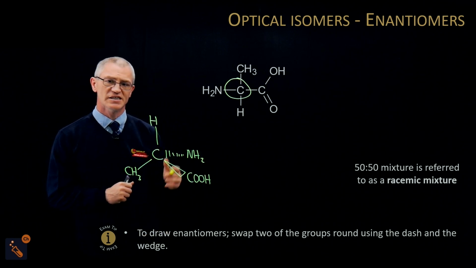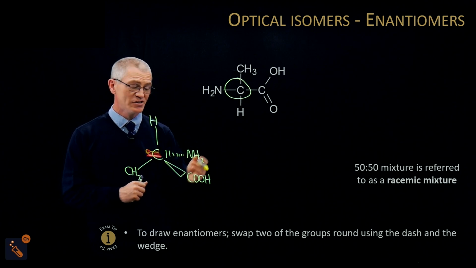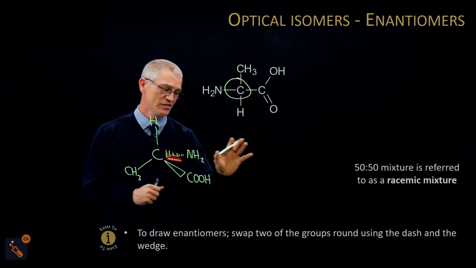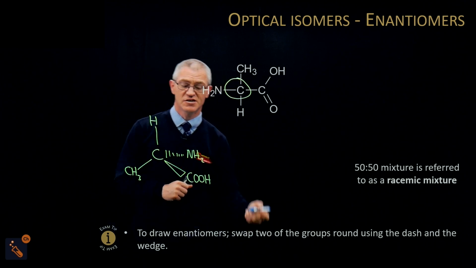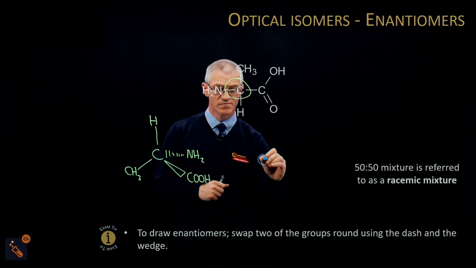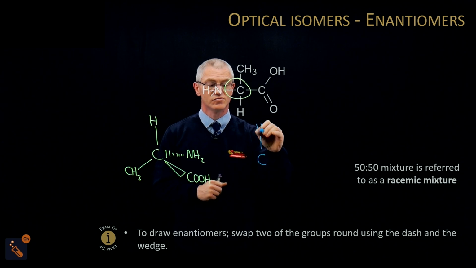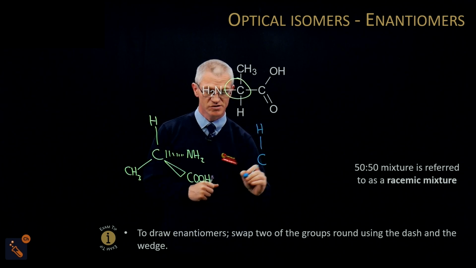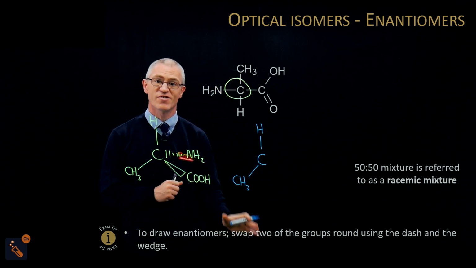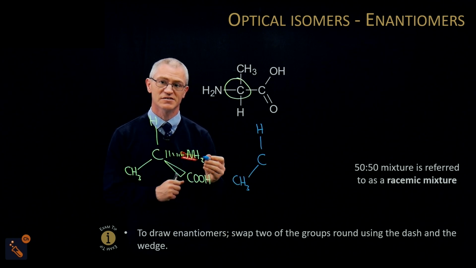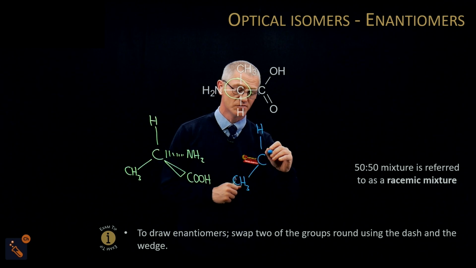Now, the easiest way to draw the mirror image, you can just draw a mirror here and then draw out the mirror image, is to take this one and then draw exactly the same thing again. So I'm going to draw my H and I'm going to draw my CH3. They're exactly the same. And then as I've said down here, swap 2 of the groups around. So I'm going to take this NH2 here, I'm going to take the COOH, I'm just going to swap them around.